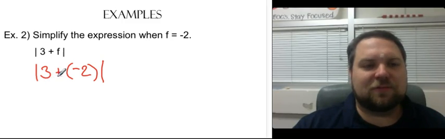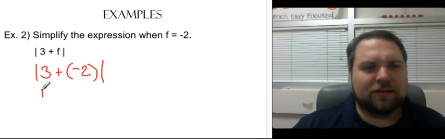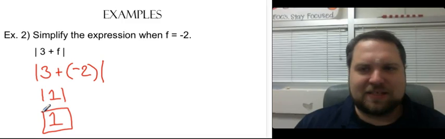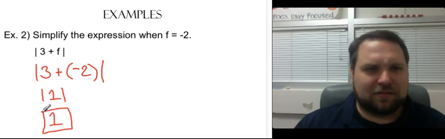So it's the first thing I'm going to evaluate. So I want to do everything inside first. 3 plus -2 is 1. So I have the absolute value of 1, and the distance between 1 and 0 is, of course, just 1. And so that's my answer. That's all that's going on here.